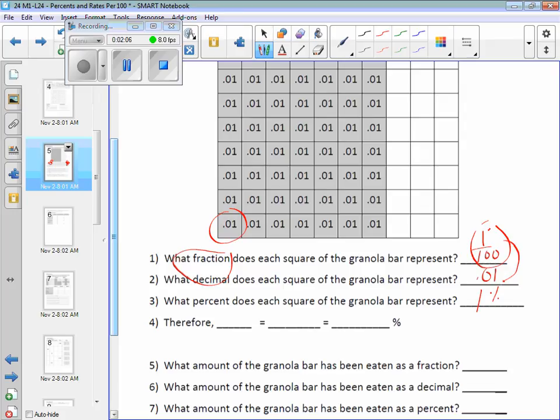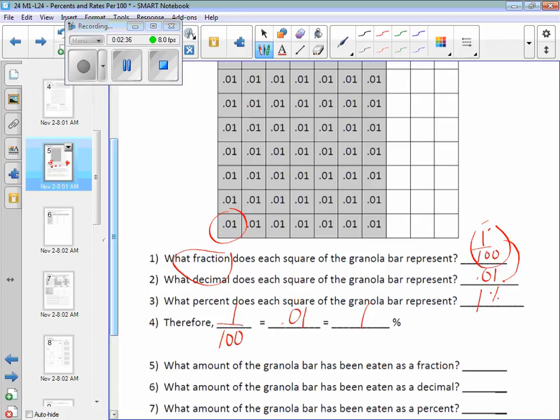Therefore, 1 out of 100 is equal to what as a decimal? Which is equal to what as a percent? Aiden? All good?